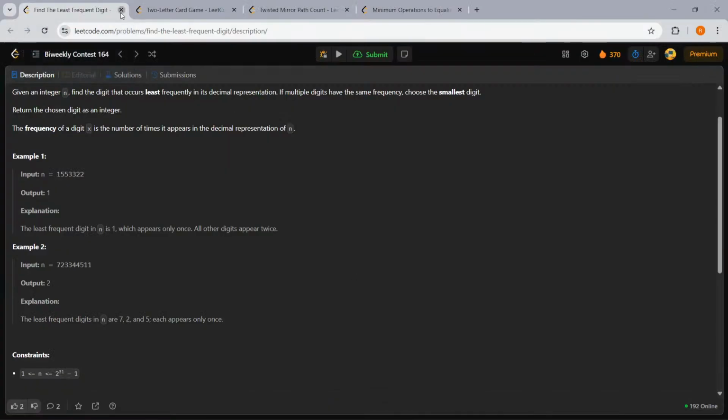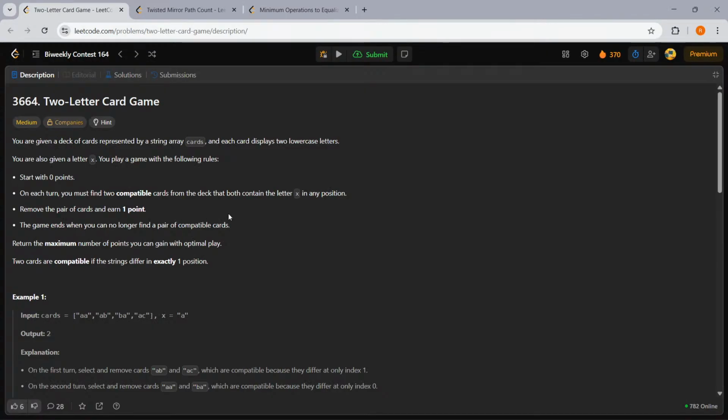First is done. Two-letter card game. You are given a deck of cards represented by a string array cards. Each card displays two lowercase letters. You are also given a letter X. You play a game with the following rules. Start with 0 points.